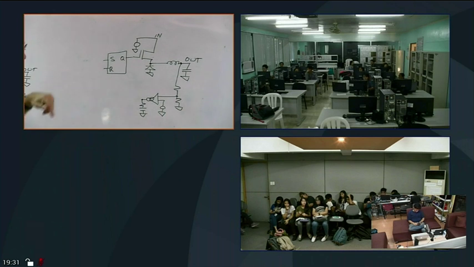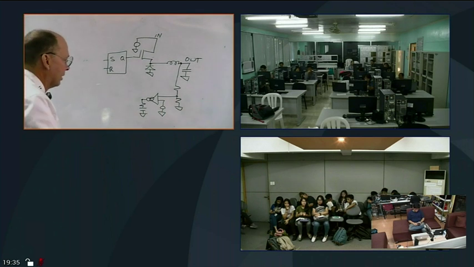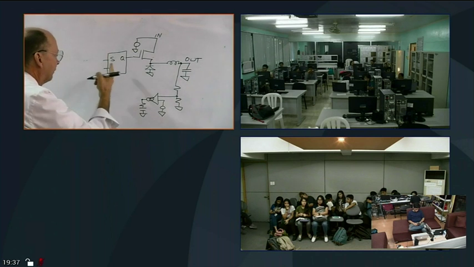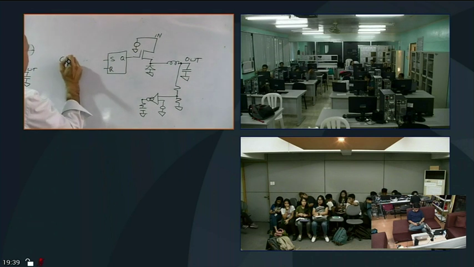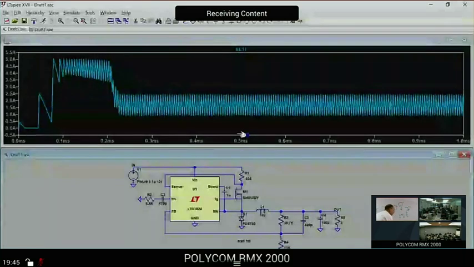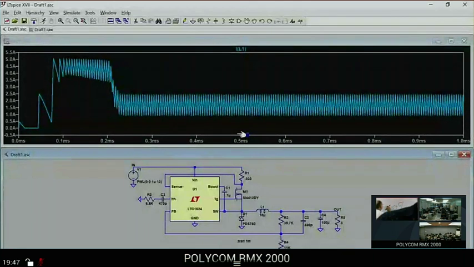Now, what signals are given to this flip-flop to control the input signals? Okay, the flip-flop is set with a clock, and the clock puts out short little pulses here.